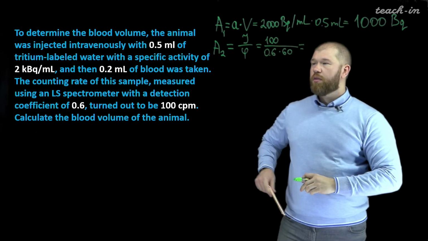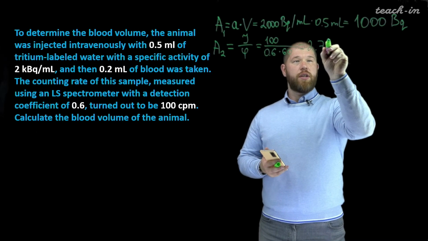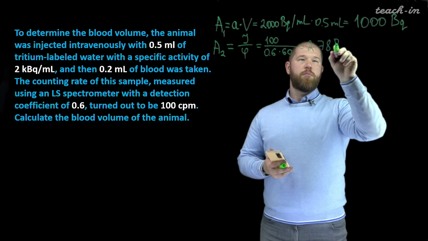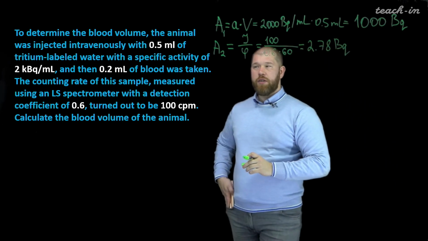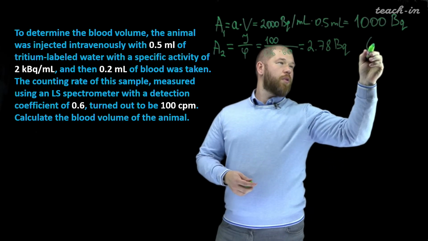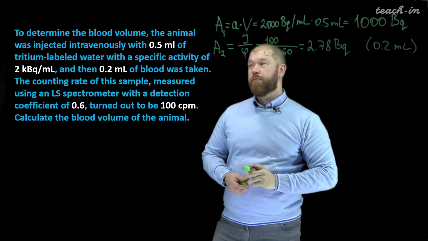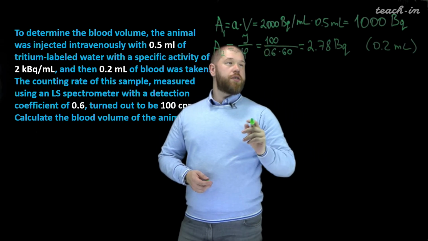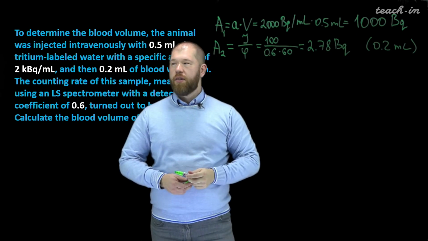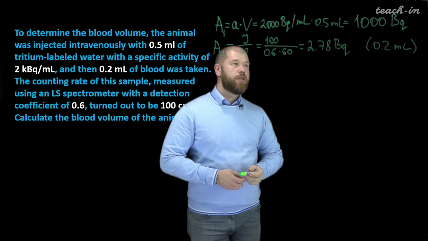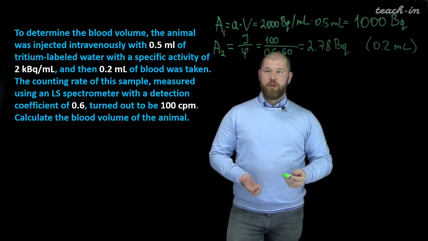And we will get 2.78 becquerels. So this is the activity of our 0.2 milliliters of blood. So we see how different the activity that we added initially in the system and the activity that we already measured.